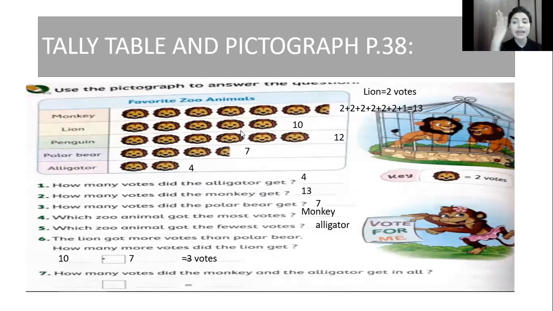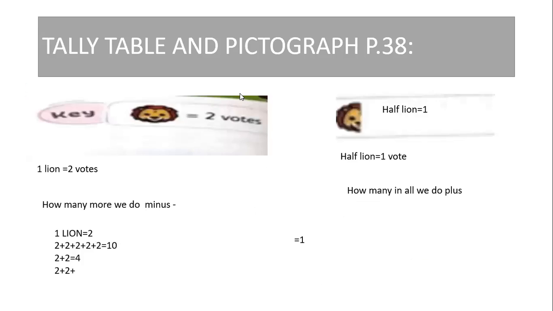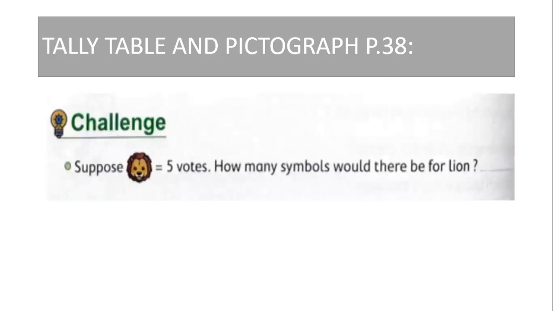So we have 5, and every one equals 5. So it is 5 plus 5 plus 5 plus 5 plus 5. This is 25.